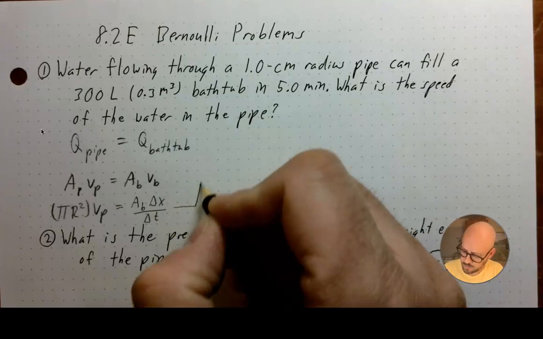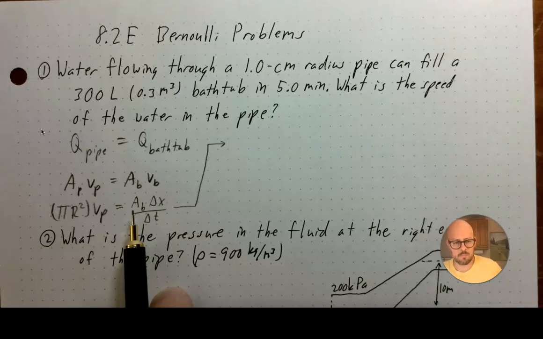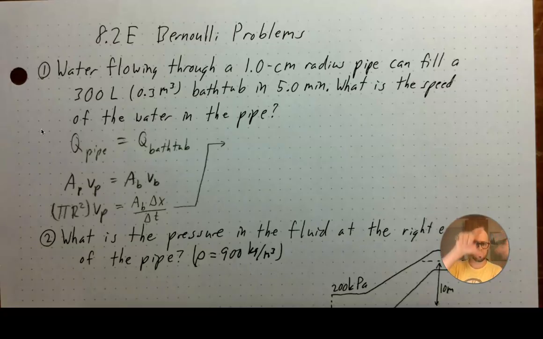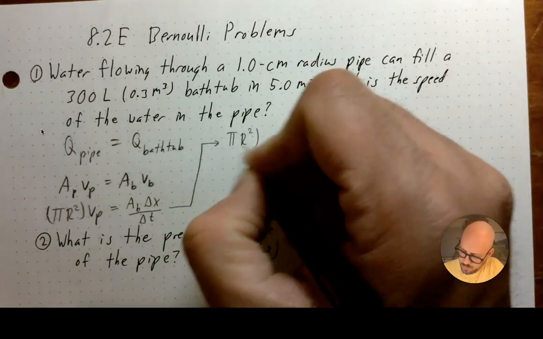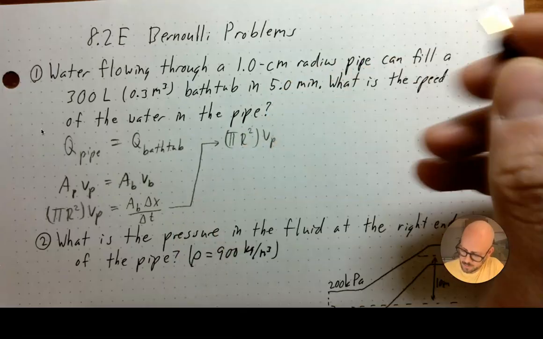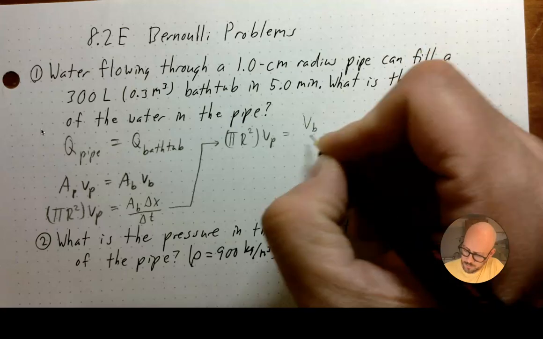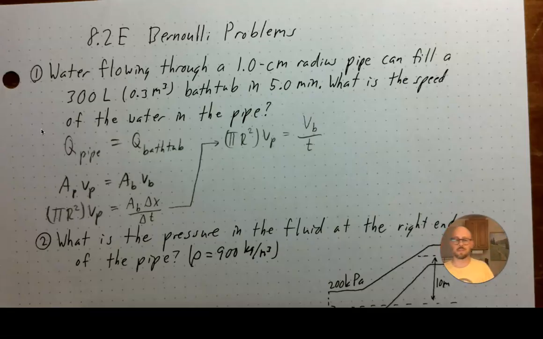That does something interesting, because if you take an area, that's meters squared, and multiply it by a distance, so if you imagine you take a rectangle and you move it through space, you've now made a rectangular solid. Well, that means that the cross-sectional area of the pipe times the velocity traveling through the pipe is equal to the volume of the bathtub divided by the time it takes to fill the bathtub.